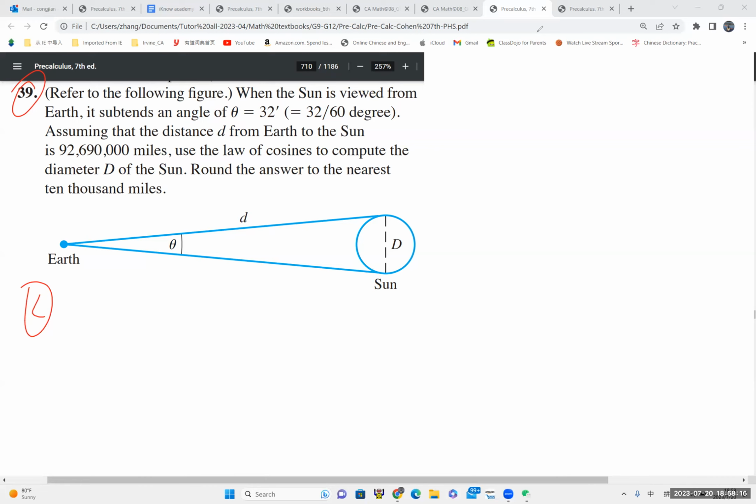Now we give you a chance to be familiar with the law of cosine and how to use it.